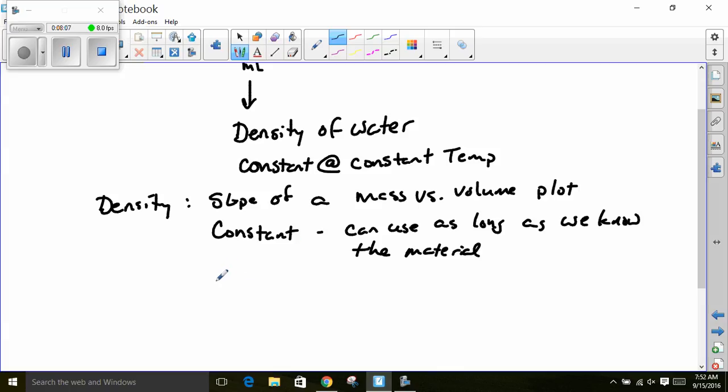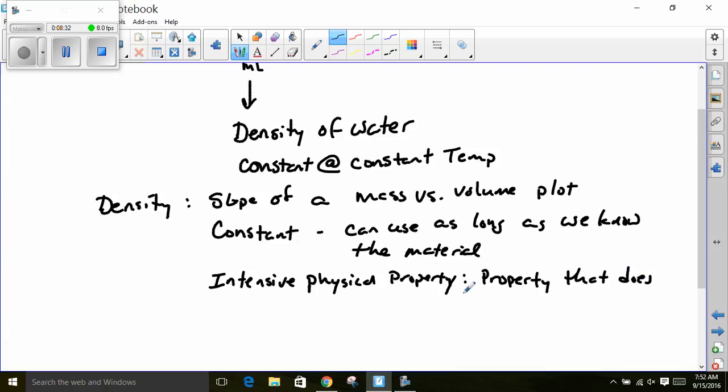And this is known as an intensive physical property. What we mean, well, the definition of intensive physical property is a property that does not depend on the amount of matter.